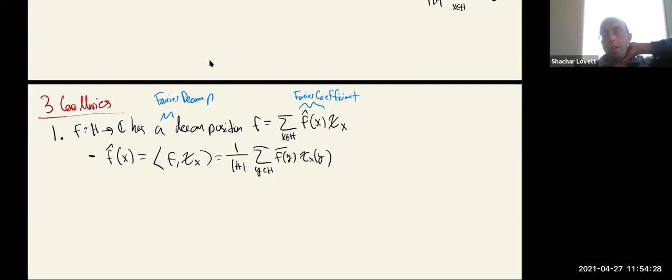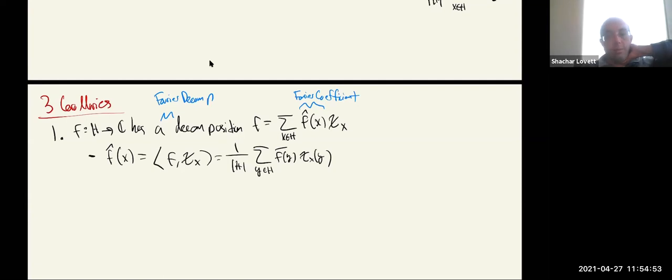I think to actually get that, you need to put the conjugate on the other side. Otherwise, you get F conjugate Y, or F conjugate X. Wait, so you want to take the conjugate of the character? No, I'm saying, see, what do you have here? You have F of y, chi x of y, inner product with chi x.